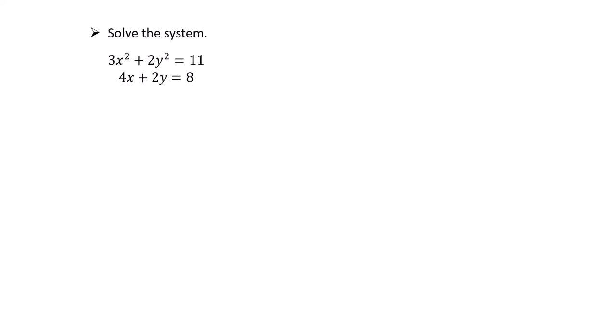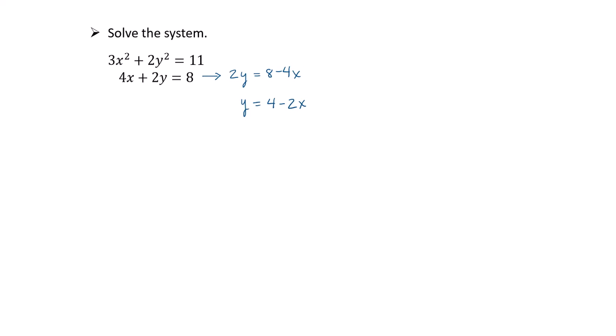Alright, so we're going to use substitution. Let's go ahead and solve one of these. We're going to solve the linear equation. 2y equals 8 minus 4x, and y equals 4 minus 2x.